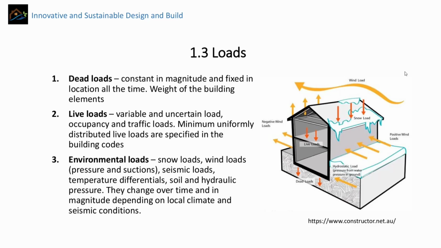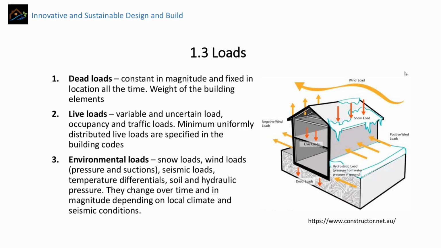Live loads are variable and uncertain loads, and basically they change over time. They are also uncertain, which means that the frequency and the magnitude change over time as well, depending on the occupancy or the traffic load.